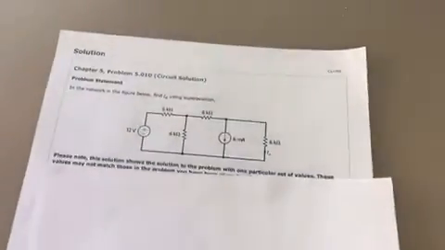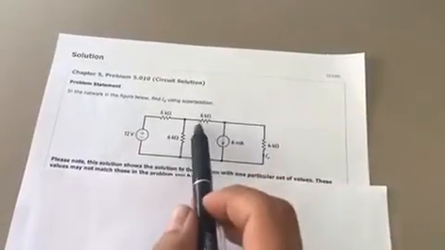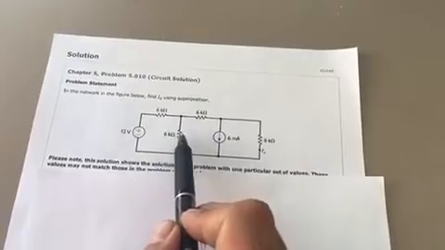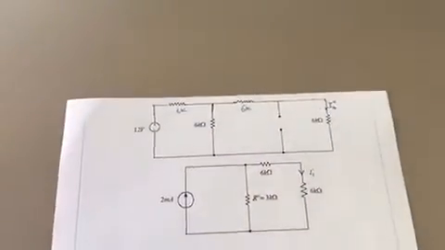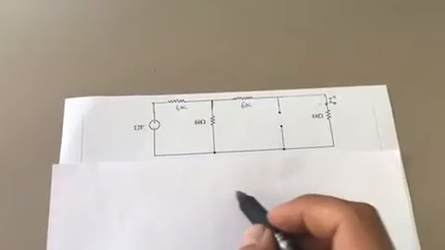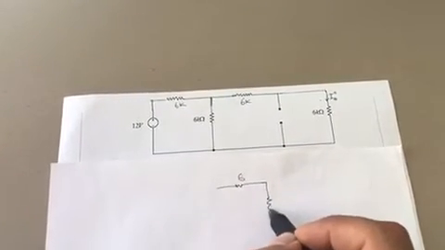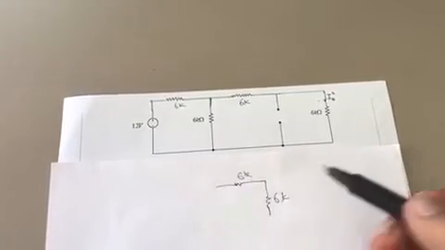So this is my source, this is an open circuit, then I have this one in series with that one, and then it is in parallel with this one. Let's see how we can solve it. I have opened that, so 6 and 6 are going to add up. So I have a 6K and a 6K over here.